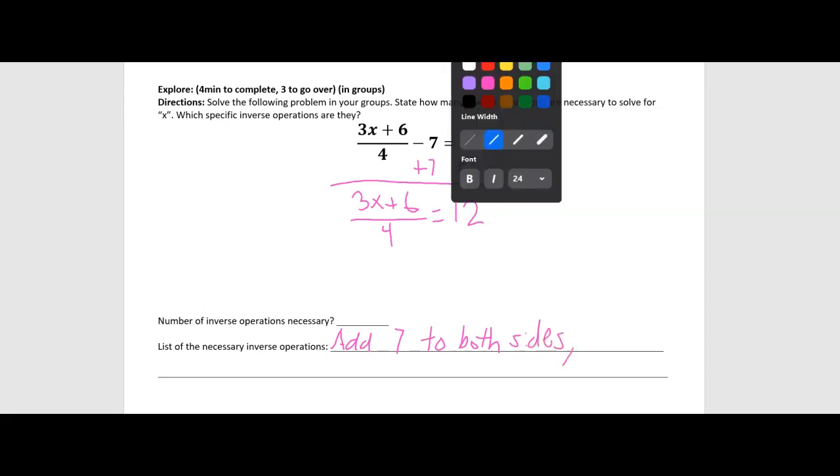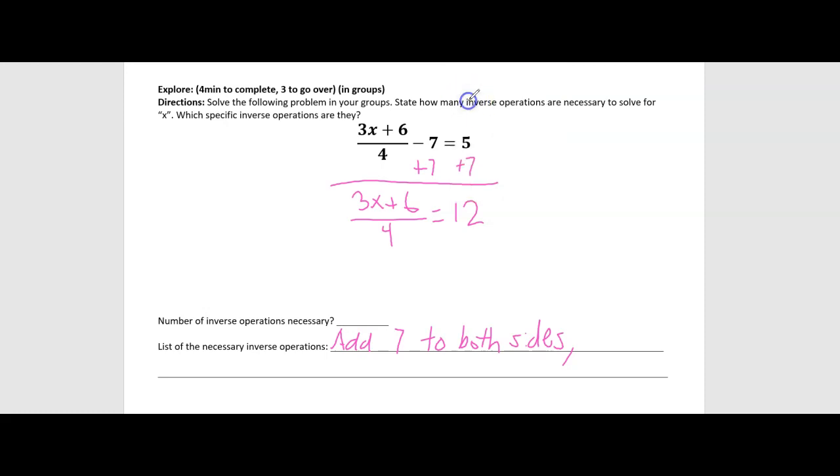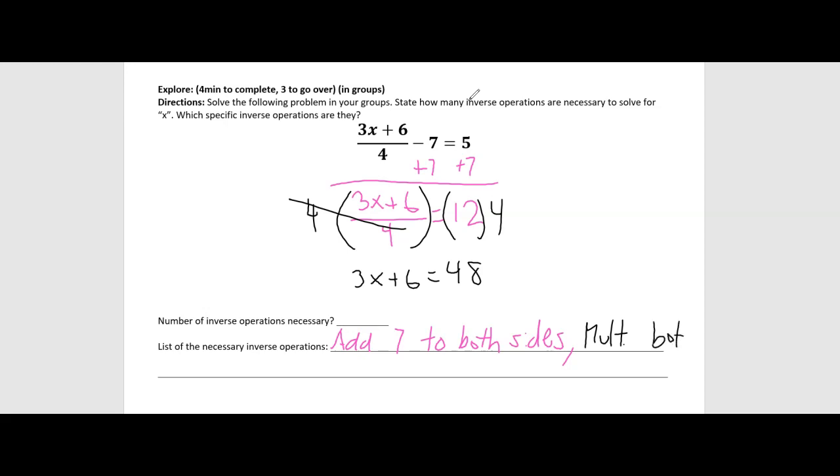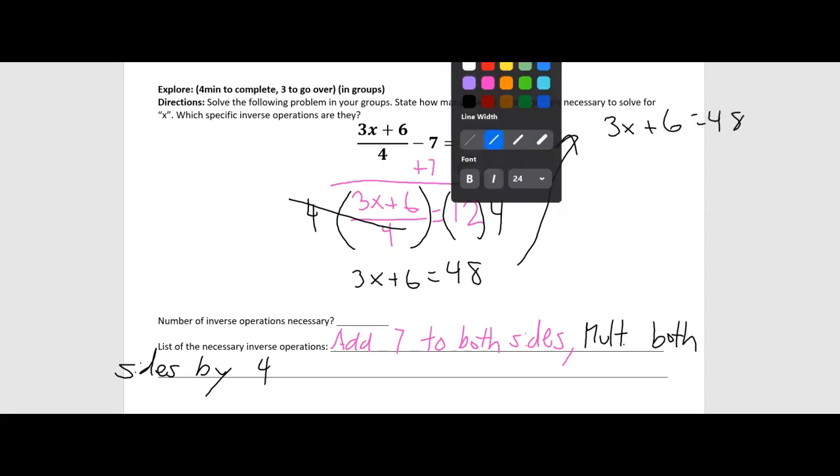Okay. Now I'm going to multiply both sides by 4, so I can simplify this fraction. So now I'm going to get 3x plus 6 is equal to 48. So I multiplied both sides by 4. I'm going to bring this up here so we have some more space. And I'm going to subtract 6 from both sides.